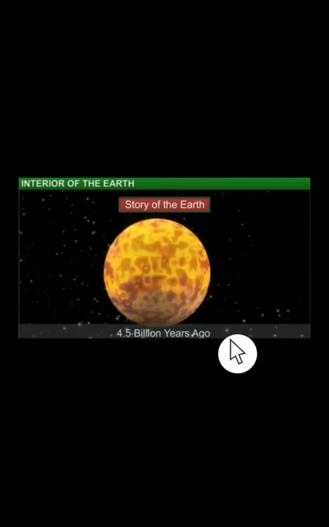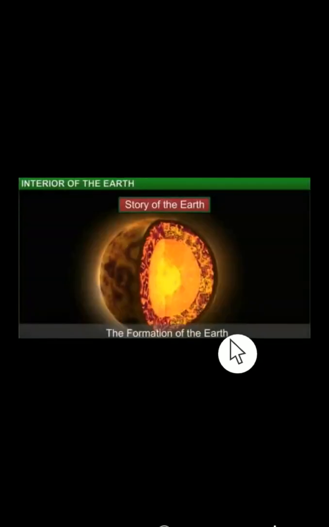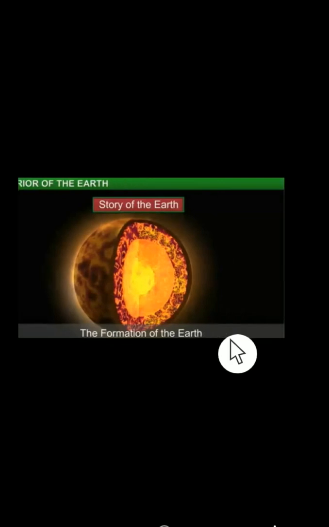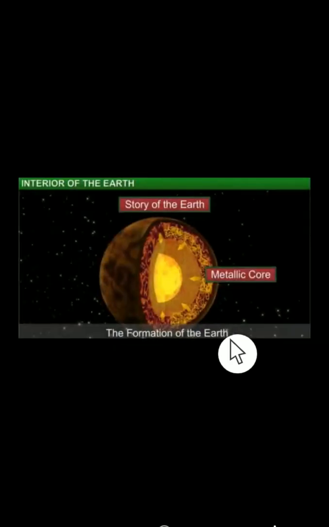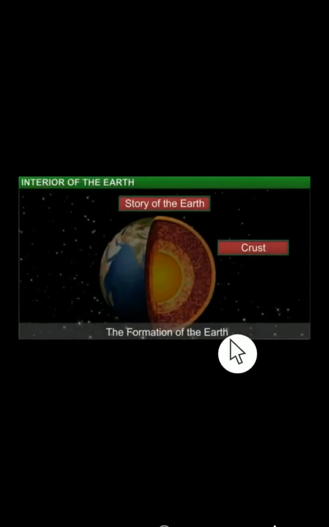Then as the process of cooling began, the earth began to be formed, and the lighter materials started coming up and began to form the outer layer of the earth, that is called the crust of the earth. See here, the crust was formed, my dear students.